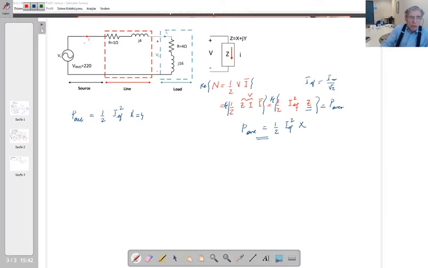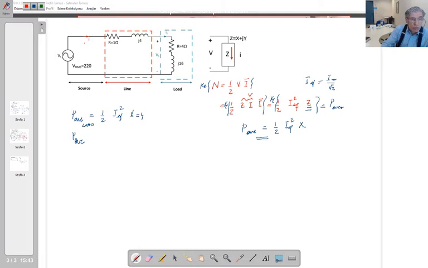Now, if you examine this circuit, it has one loop here. So the current is passing through all these elements, and they are equal to each other because they are all connected in series. Therefore, the effective current squared for all these elements is going to be the same. The total average power getting out of the source is the summation of those two.